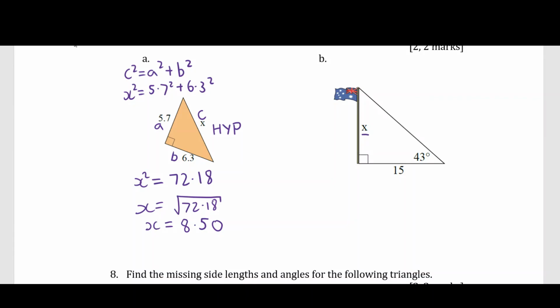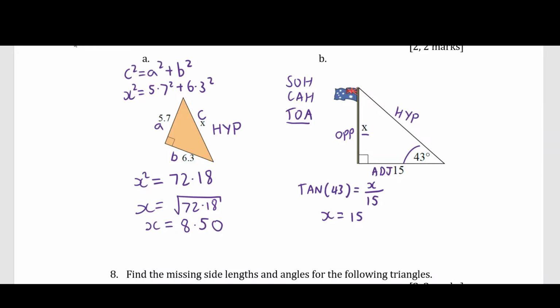And this one, x is there. So here we've got our angle 43. We need to use SOHCAHTOA. So we look, we've got opposite here. We've got adjacent there. So opposite and adjacent is tan. This side here is the hypotenuse. There we've got opposite and adjacent, we're going to use tan. So tan of 43 equals x over 15.